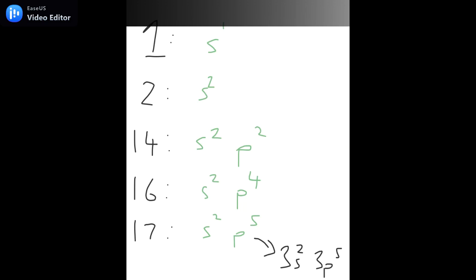Or if we had sulfur from group 16, it is also in the third period, so its configuration would be 3s2 and then 3p4. If we had calcium, which is in the fourth period and the second group, its configuration would be 4s2. I hope that's clear.